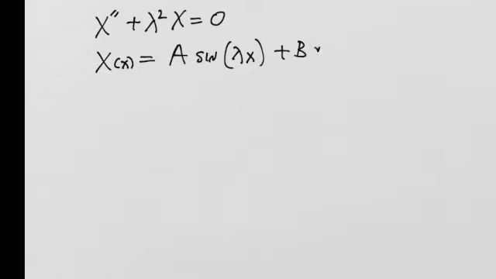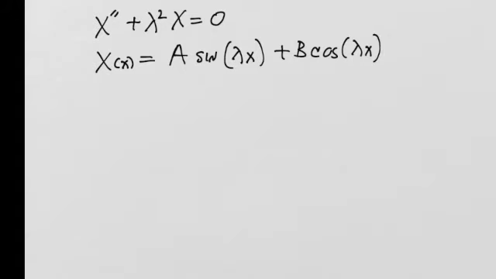All right, so here is our first expression, and as I promised, the answer for what x of x is going to equal is some constant a times the sine of lambda x plus b times the cosine of lambda x, right?